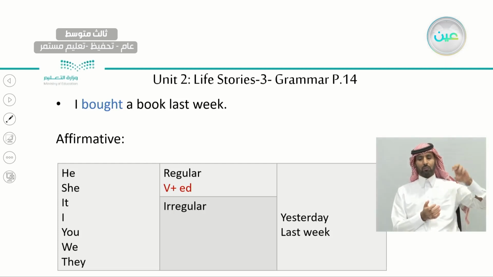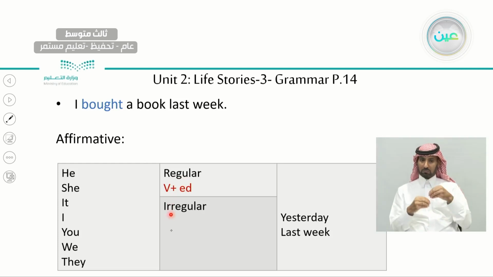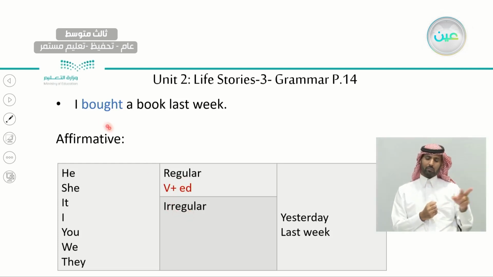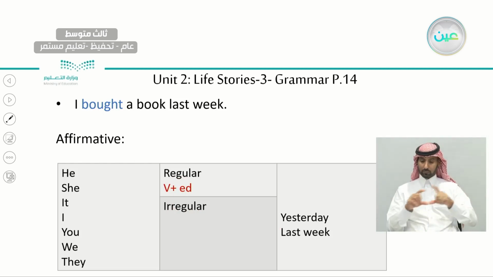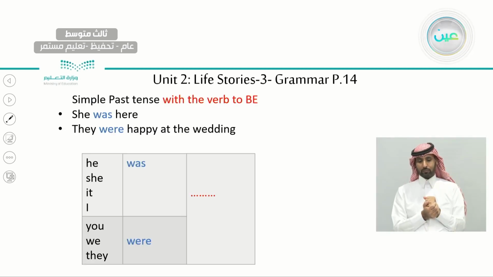So any subject, okay? We add to it the verb, either ed or an irregular verb, like here, bought, okay? Then we complete the sentence. This is how we form the simple sentence, okay? The regular sentence. Look at this one here.